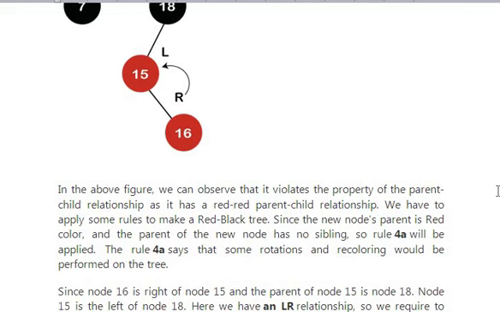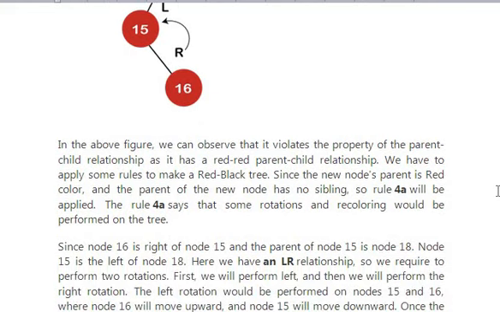So we have LR relationship. So here we have to perform rotations. We will perform left and then we will perform the right rotation. The left rotation would be performed on nodes 15 and 16. The node 16 will move upward and node 15 will move downward.